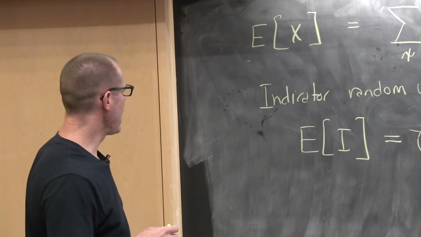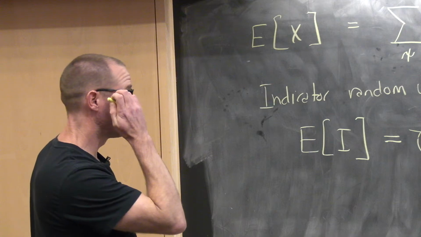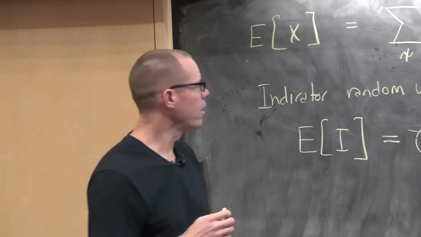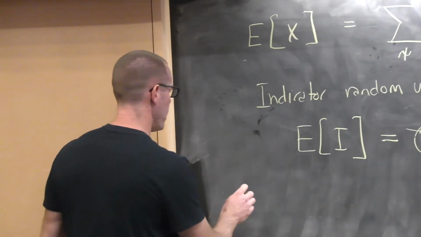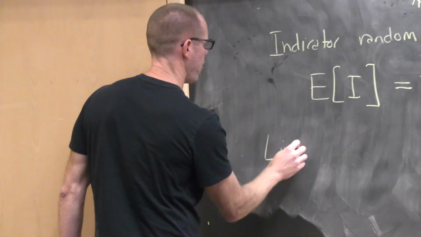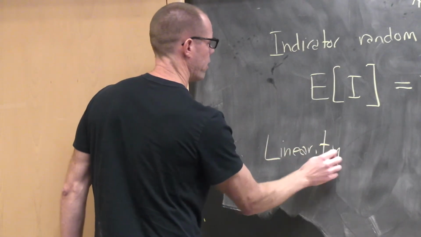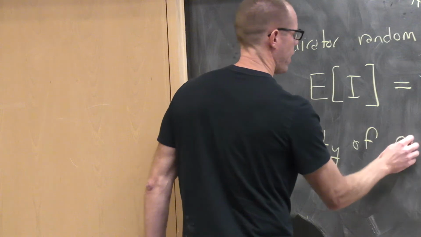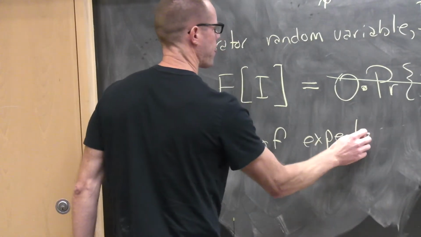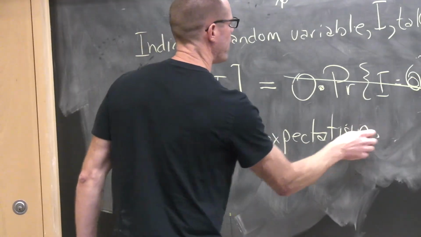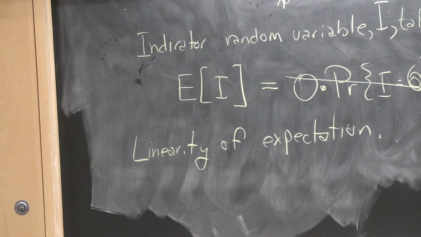Now, the last tool from probability that we need is what's called linearity of expectation. It's one of the nicest things about expected values, and it allows us to prove all kinds of incredible results.